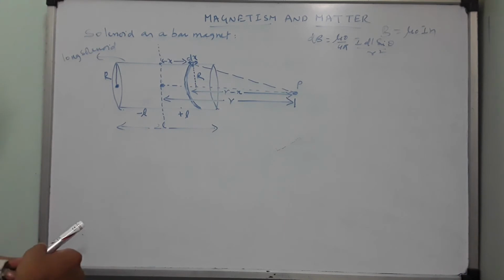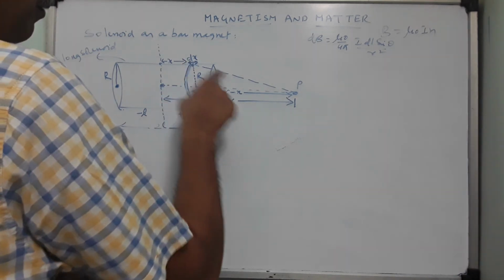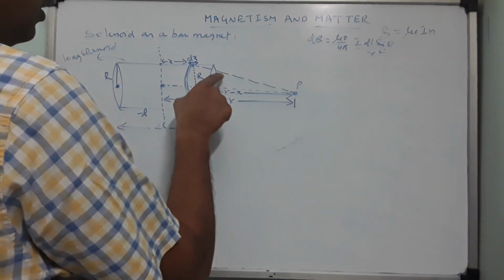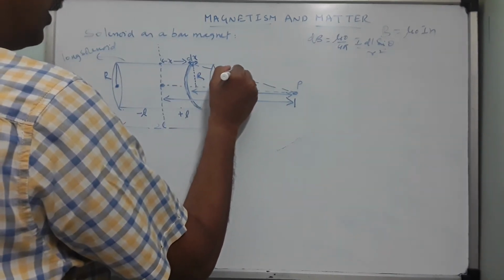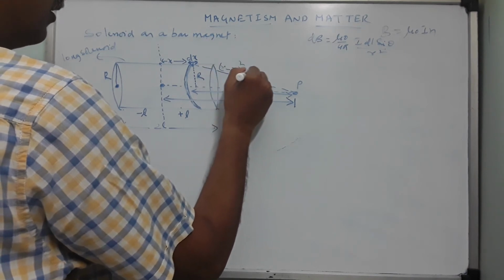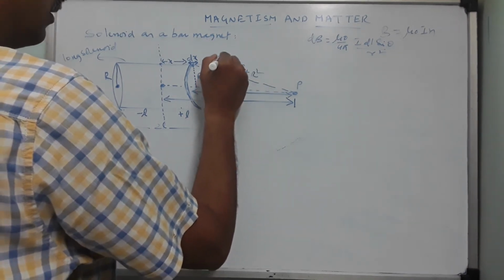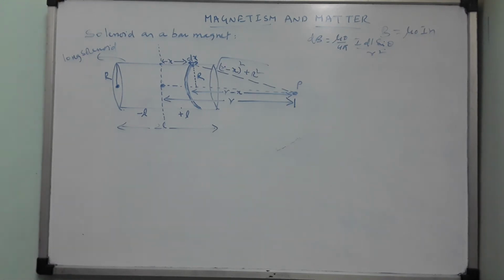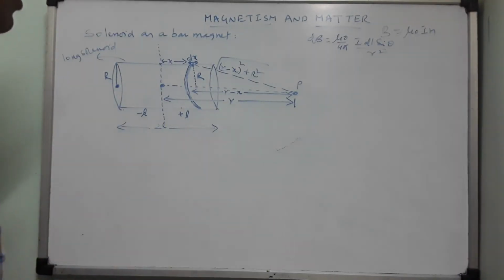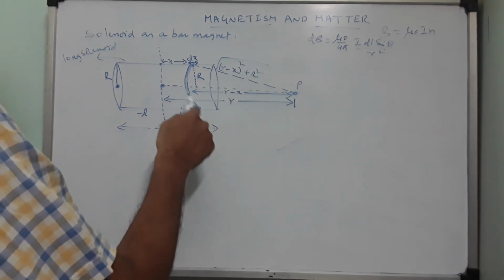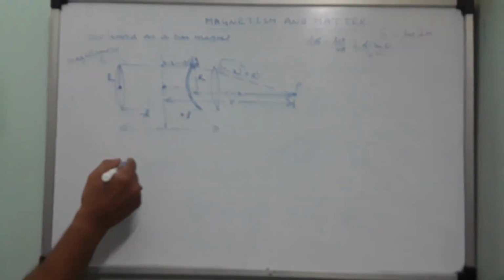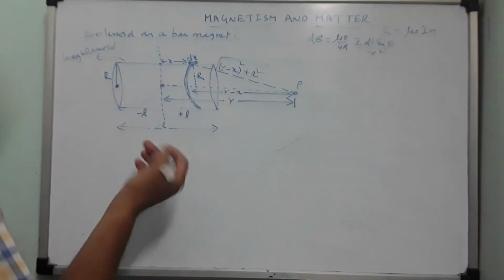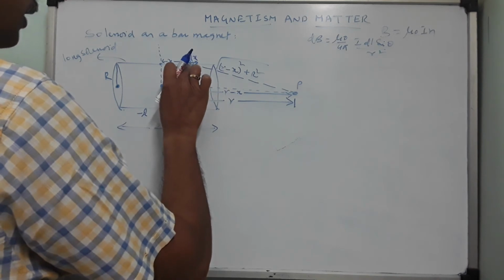Fine. So now, the point P is located at a distance of the square root of r minus x whole square plus r square. I repeat, point P is located at a distance of root over r minus x whole square plus r square, because this element which I have drawn as a curve is not a curve. Why should I confuse you unnecessarily, children?